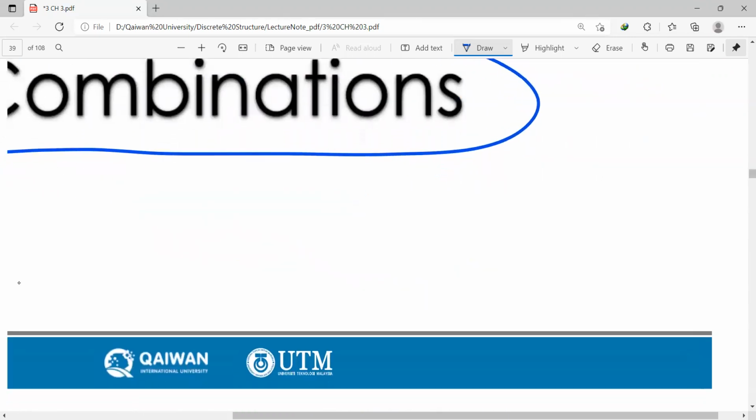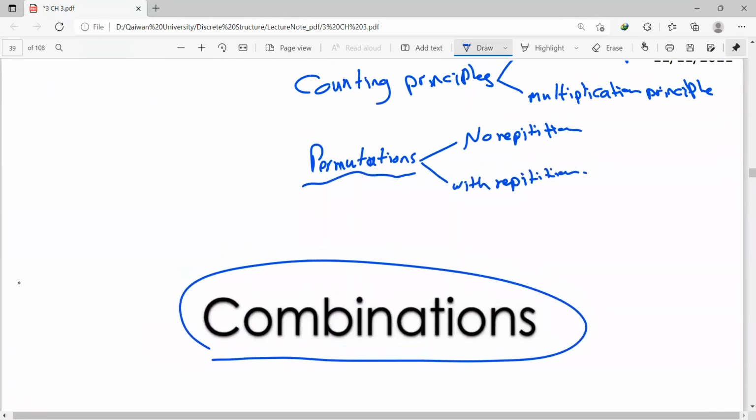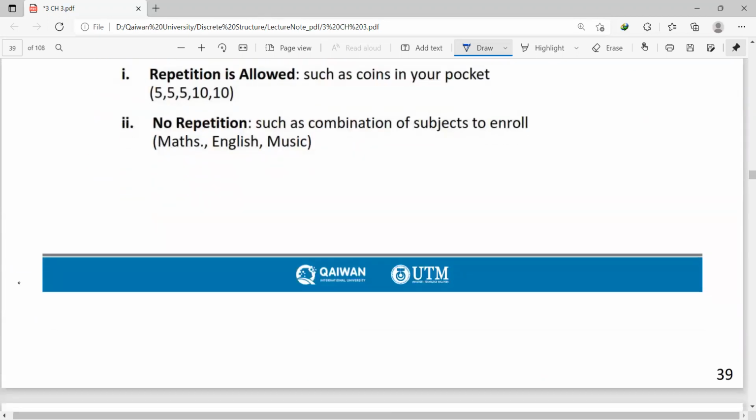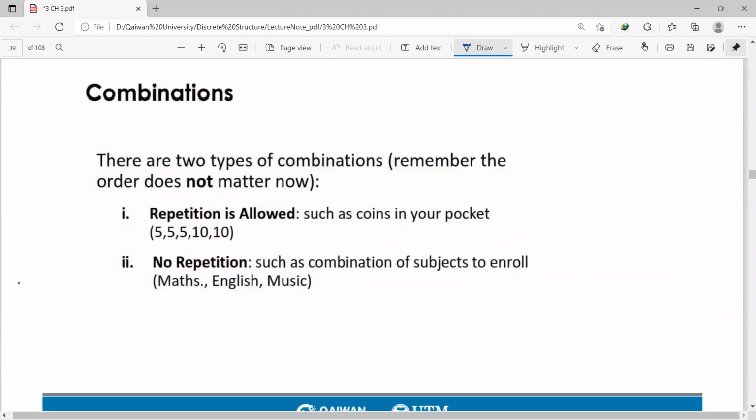Okay? So now we have combinations. In combinations, we have two ways: if we have repetition and if we have no repetition. We talked about permutations before, and now we say the order doesn't matter.